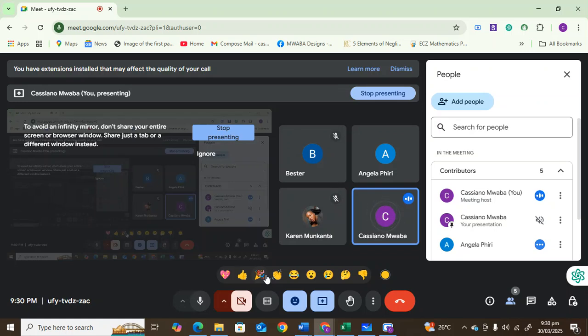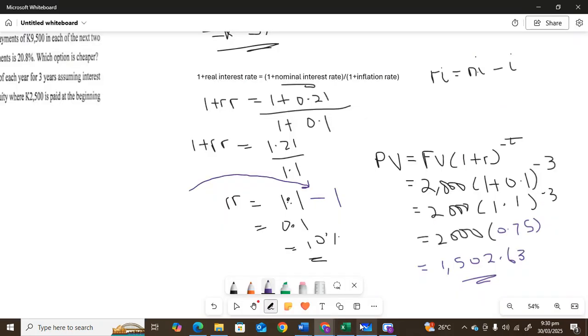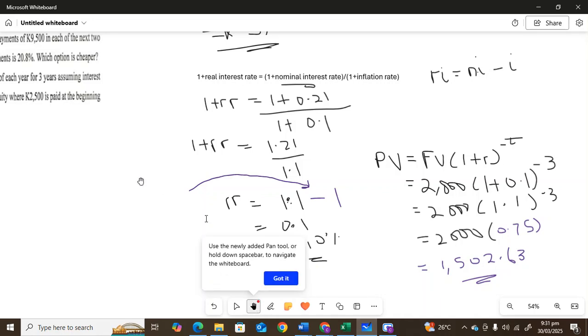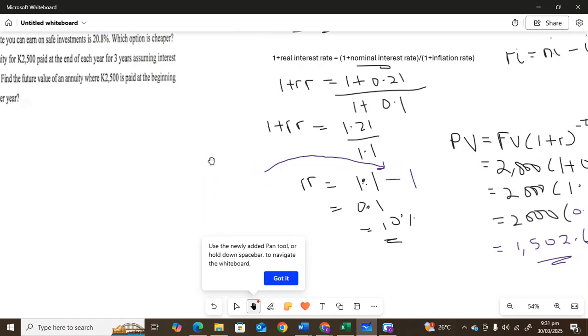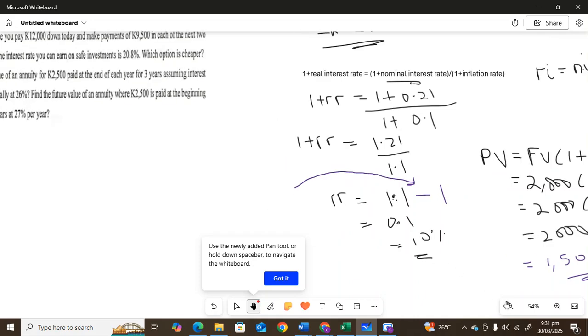So it's always important to take into account inflation. I believe you have all done macroeconomics, right? Where the topic of inflation and real interest rates.